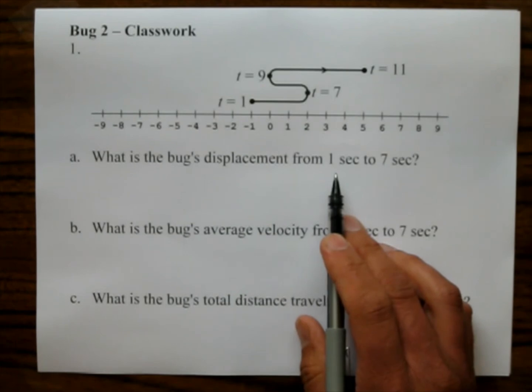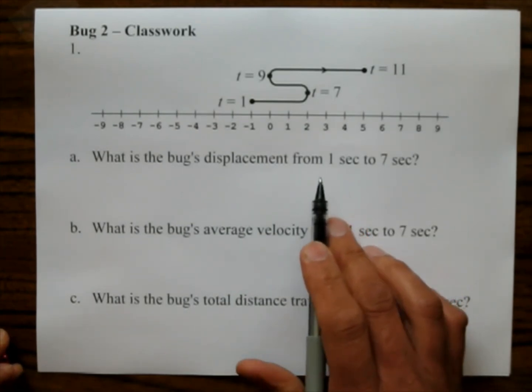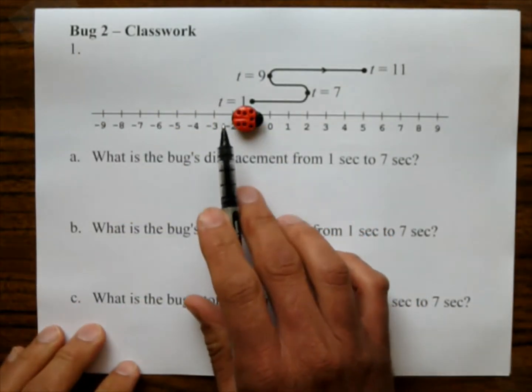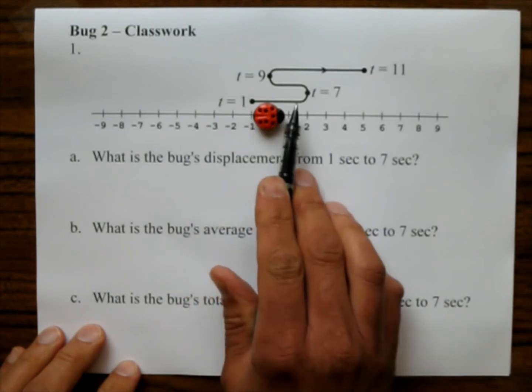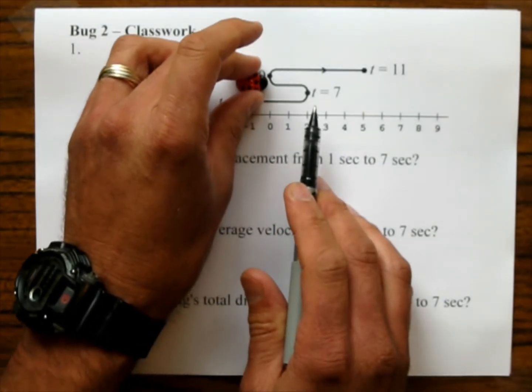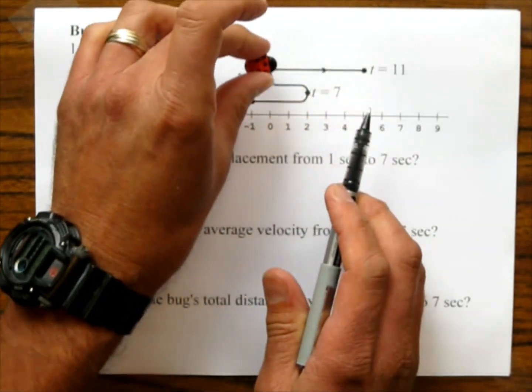And with Bug 2, we've already learned some things about bugs. The bug is just traveling back and forth on the number line. He's not flying above the number line. He's not levitating above the number line on this thing.